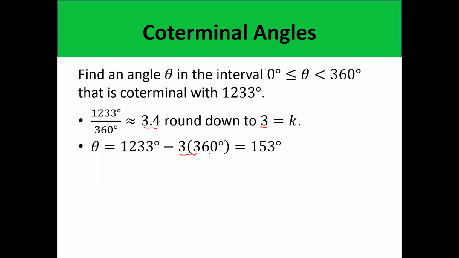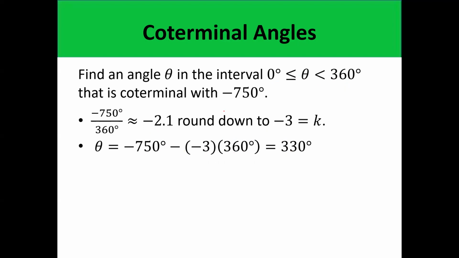So this is actually a multiple of 360 degrees. So 1,233 degrees minus 3 times 360 degrees is simplified as 153 degrees. And observe that this angle is inside the given interval from 0 degrees to 360 degrees.